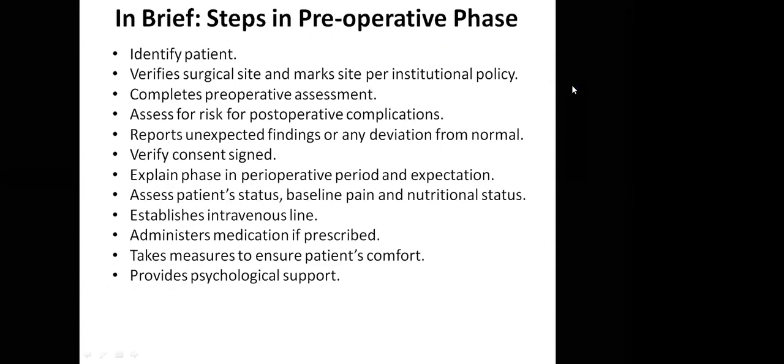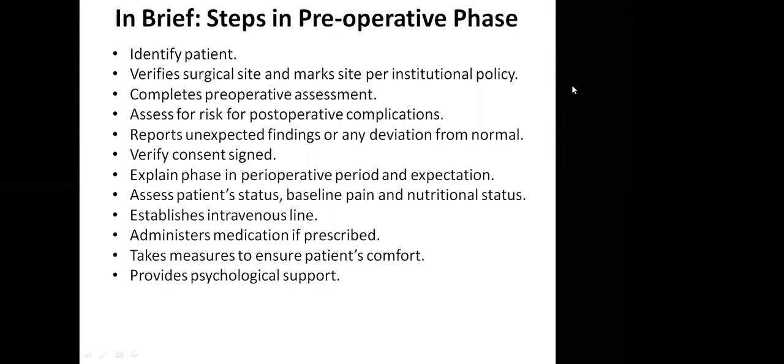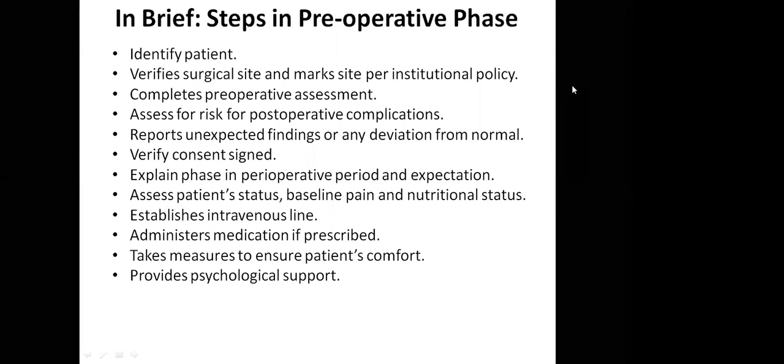In brief, what steps are to be taken in the preoperative phase? Identify the correct patient, verify the surgical site and mark it, preoperative assessment, assess for any post-operative complication. If there, then risks involved should be explained.